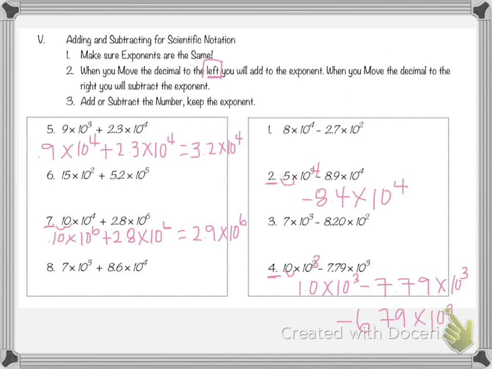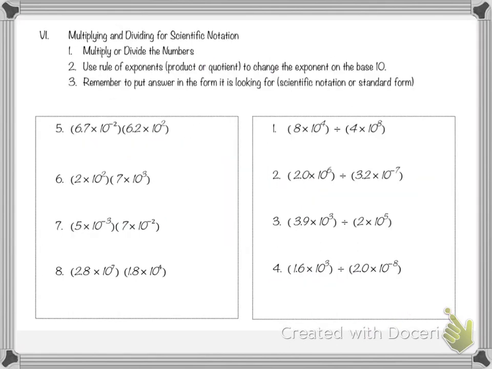Okay? Alright, now we're going to talk about multiplication and division. This one's a little bit easier because you don't have to change your exponents to get them the same. Okay, so what we're going to do is we're going to multiply or divide our numbers. Okay, and then we're going to use our rules of exponents to either add the exponents on our base 10, or we're going to subtract.